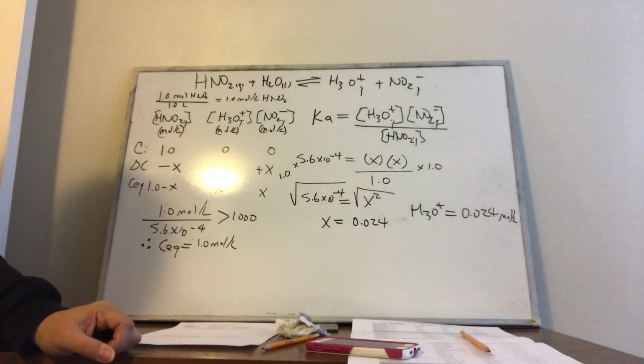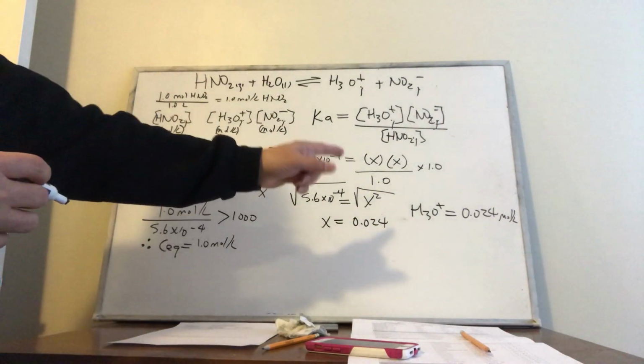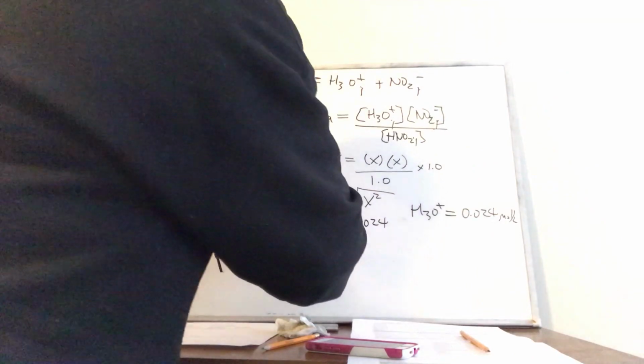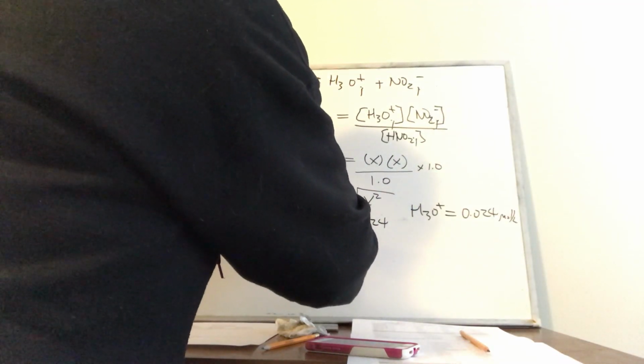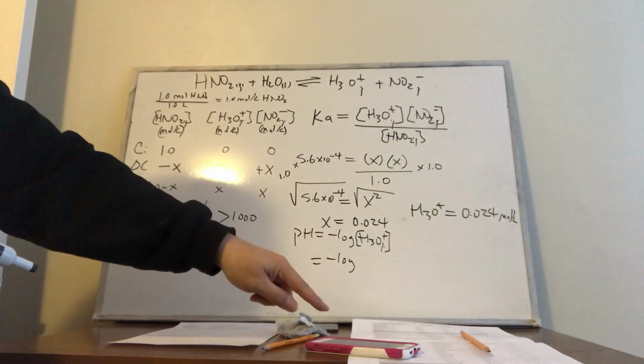Now, what I need to do next is go ahead and, using that, get a pH. So I'll put my pH formula down. pH equals negative log H3O plus, which is negative log. Now, even though I'm going to write that number down, I keep the real number in my calculator.